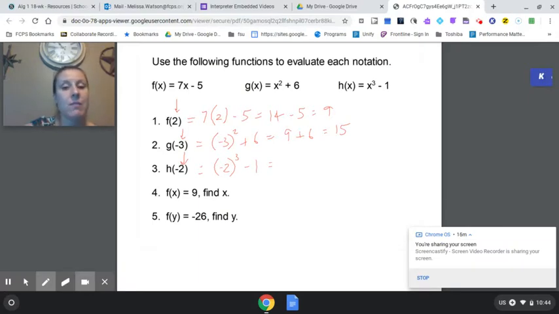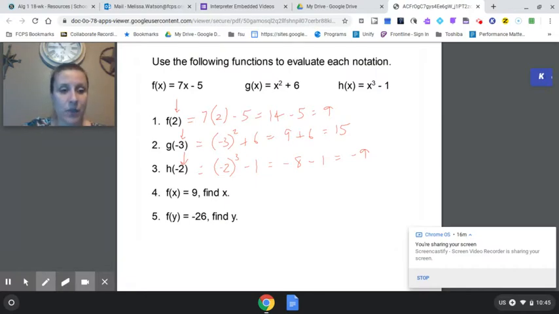So that's going to be negative, and then whatever we get there for 2 cubed, which 2 times 2 is 4, 4 times 2 is 8. So it's -8 minus 1. We get -9. So those 3 examples all gave us x values or inputs of the function and was asking us to find the outputs.